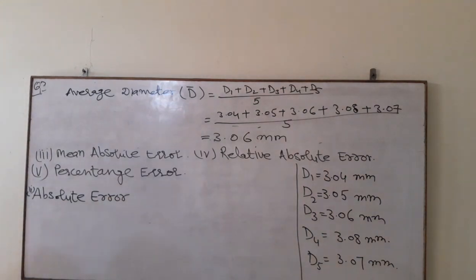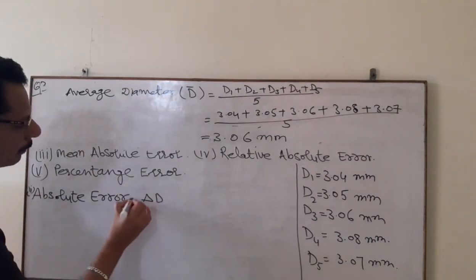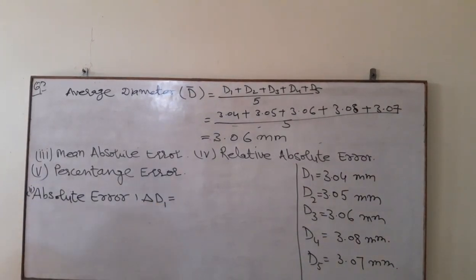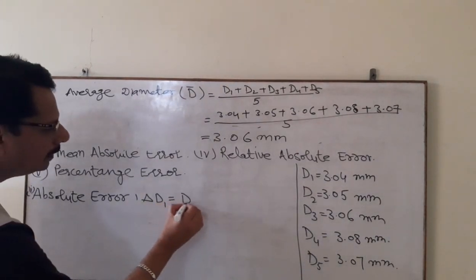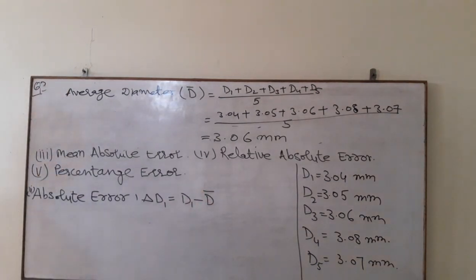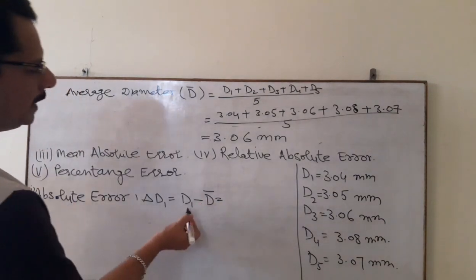Absolute error: first, delta D1 will be equal to D1 minus D bar, which is equal to, what is D1?